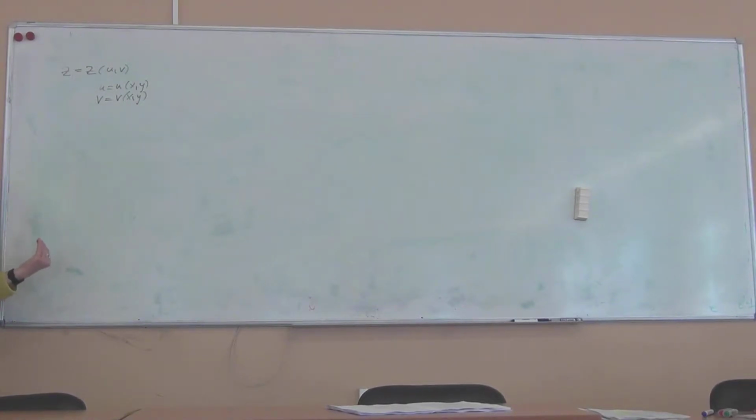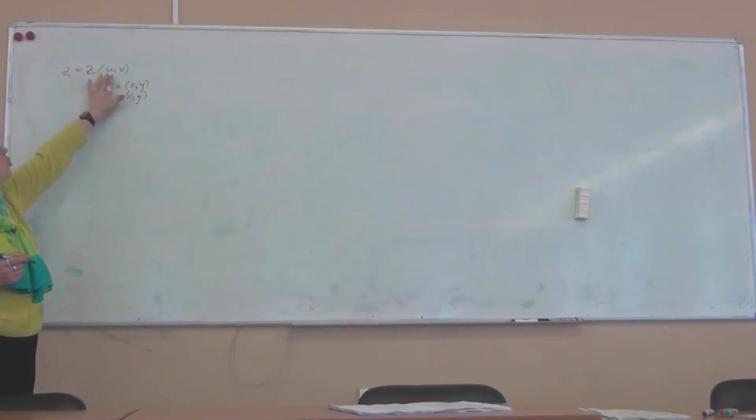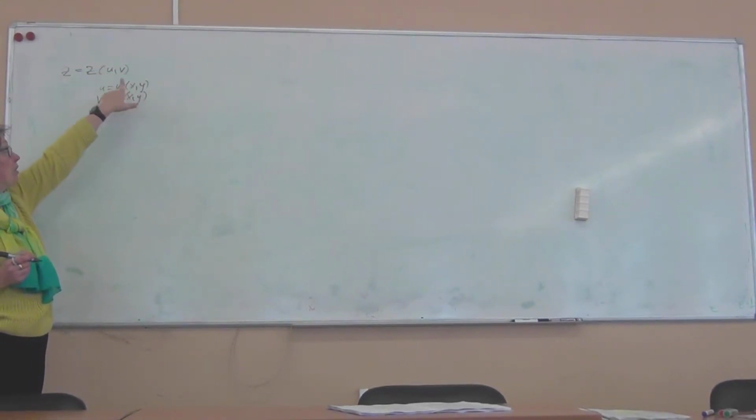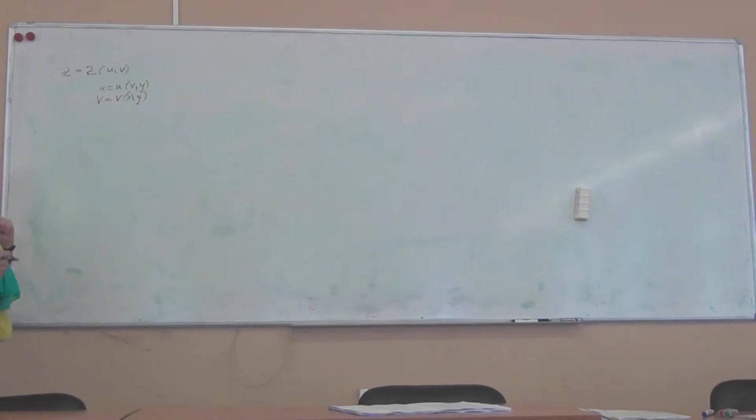It can be done, but why complicate things and waste time? So to find the partial derivative of z in terms of x, we will go through both u and v derivatives in terms of x.